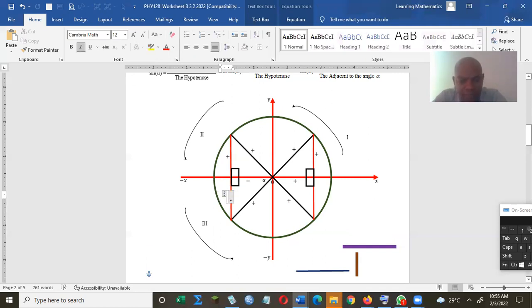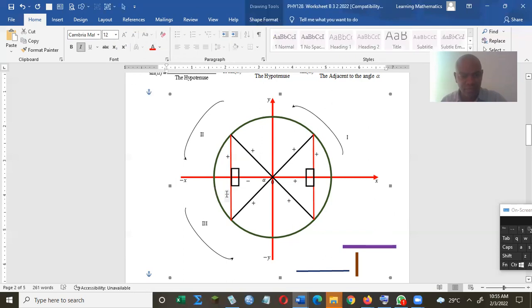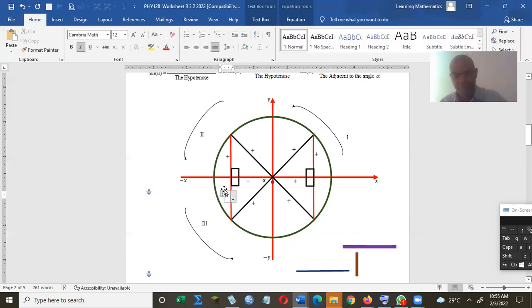Why a negative sign? Why must we give this side opposite to alpha in the third quadrant a negative sign? Anybody? Why must this side be negative?